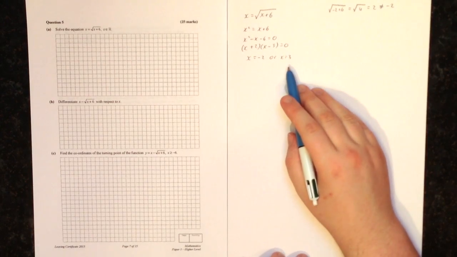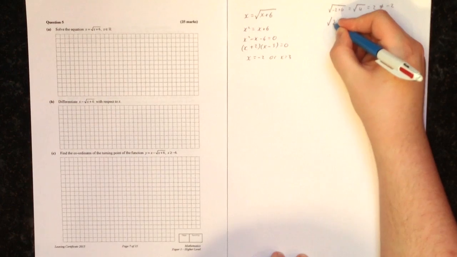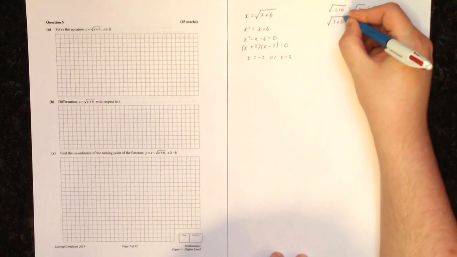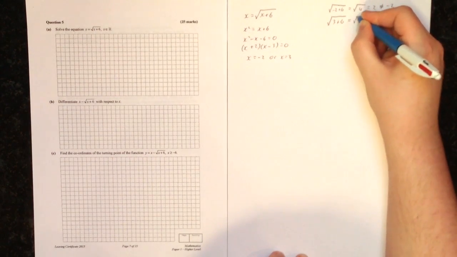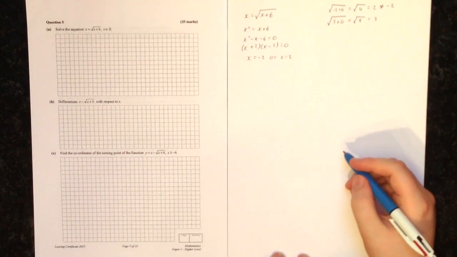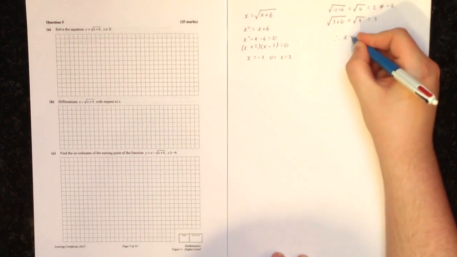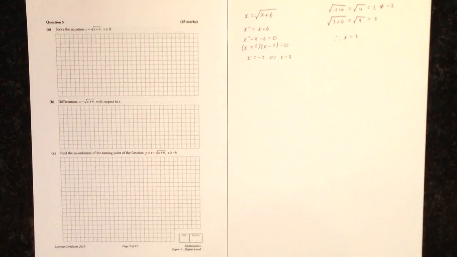If x is equal to 3, we take the square root of 3 plus 6, which is equal to the square root of 9, which is equal to 3. So the equation only balances if x is equal to 3.